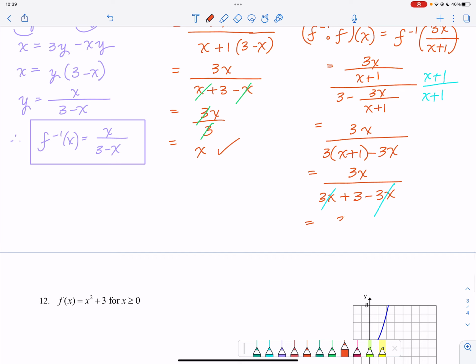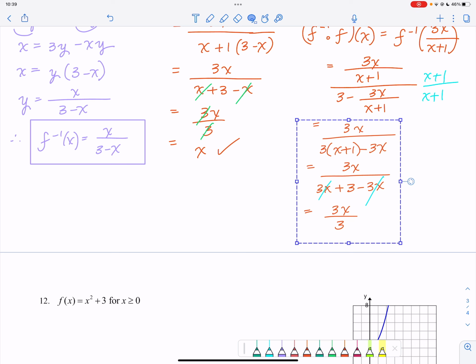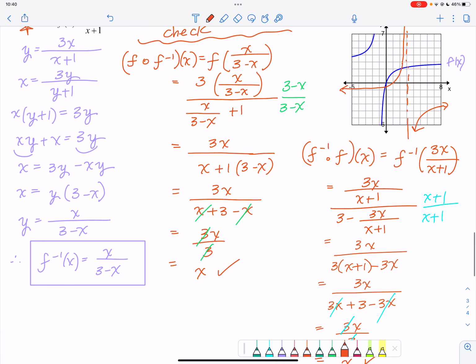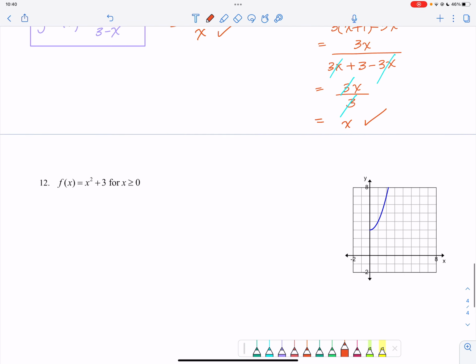And that's equal to 3x divided by 3, and that's equal to x. We don't have to check these every time, but I think it's very good practice.